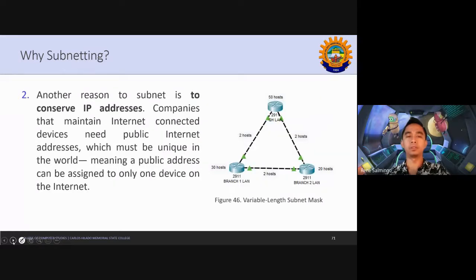Another reason to subnet is to conserve IP addresses. Companies that maintain internet-connected devices need a public internet address, which must be unique in the world. Meaning a public address can be assigned to only one device on the internet.